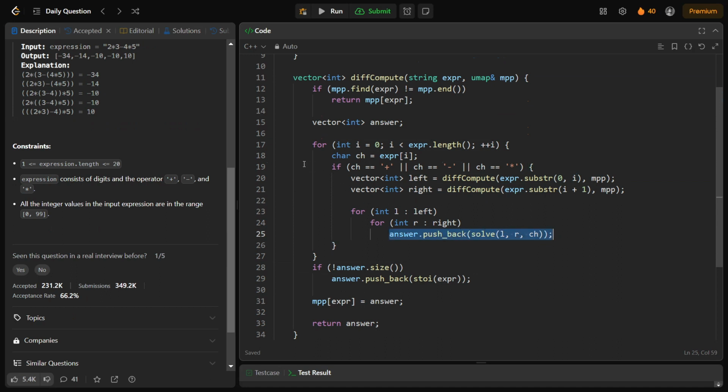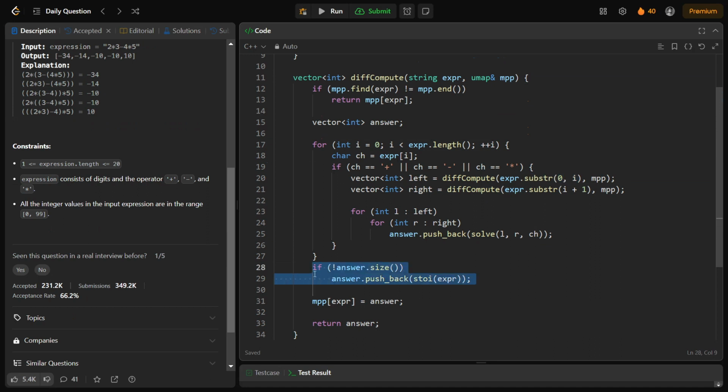Once you're done with that, the idea is that if you see a plus, minus, or star operation, the answer would have some element, because whenever you pass the substring, it would have some value, and the base case is just the element, so this would have some solution.